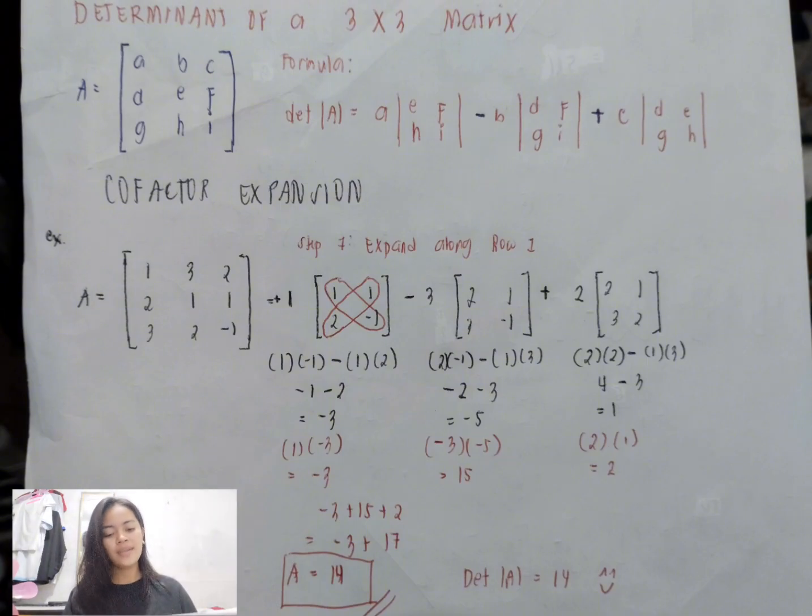Again, as we did a while ago with the 2 by 2 matrices, let's do it again. First, we multiply diagonally the numbers inside the braces.